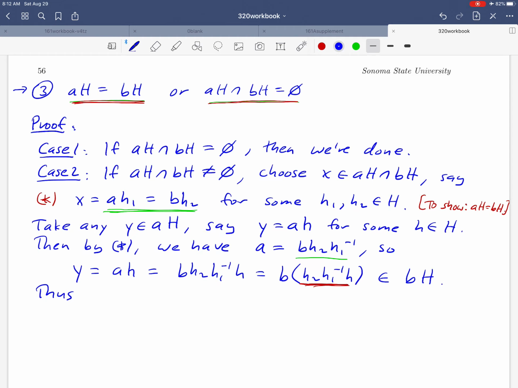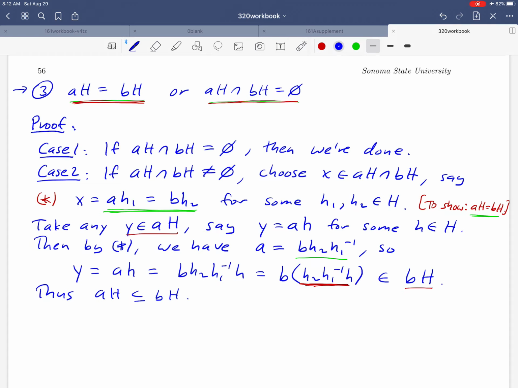But if you look at where we started and where we stopped, we took a y in AH, we demonstrated that it's also in BH, so we have shown that AH is a subset of BH. Remember what we wanted to show was that the two sets are equal to each other. We're halfway there, and I'm just going to make a comment that a very similar argument would prove the reverse containment. You can try that part yourself.